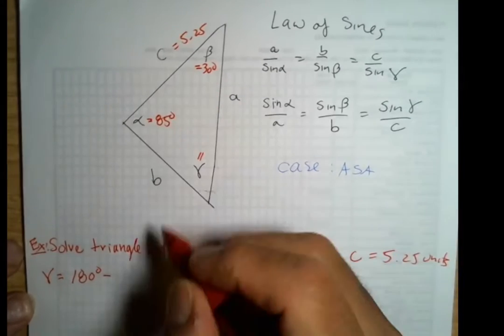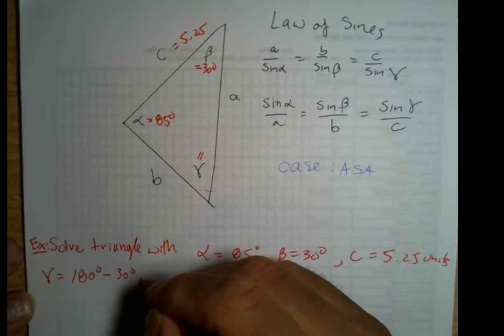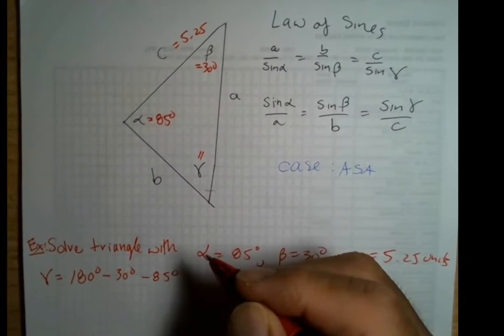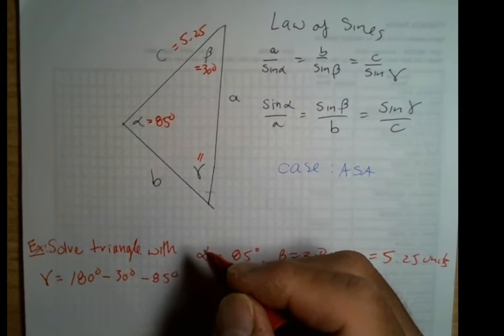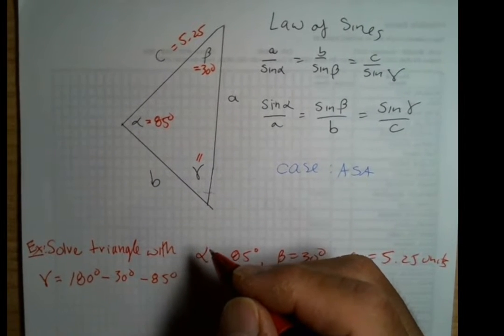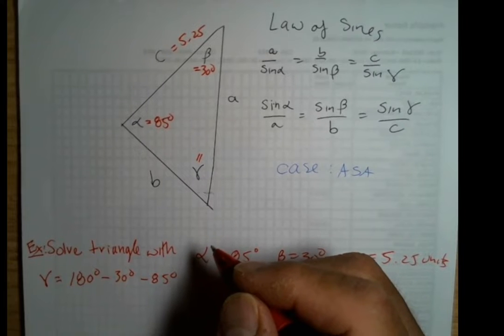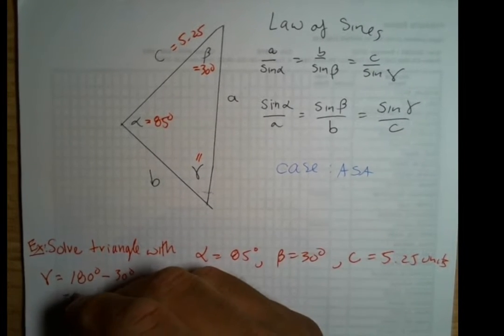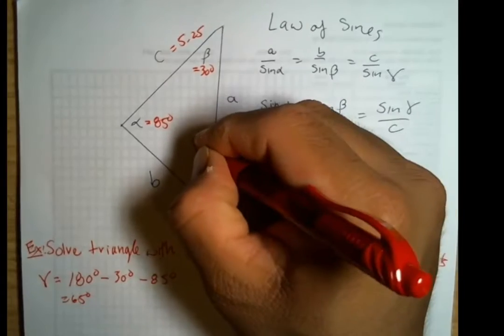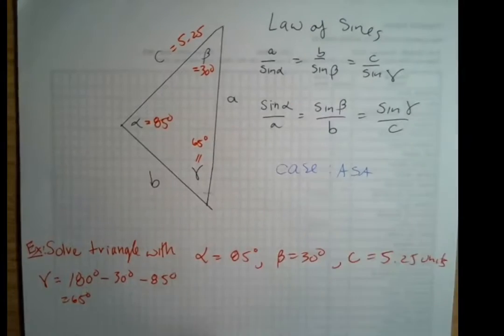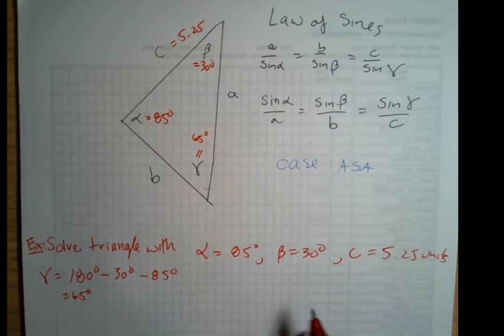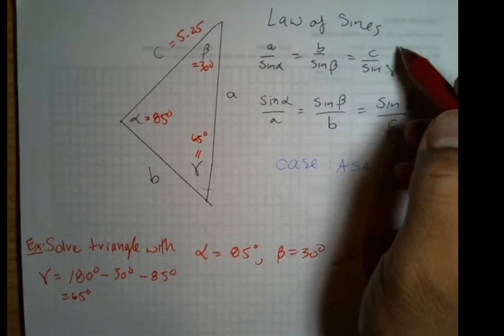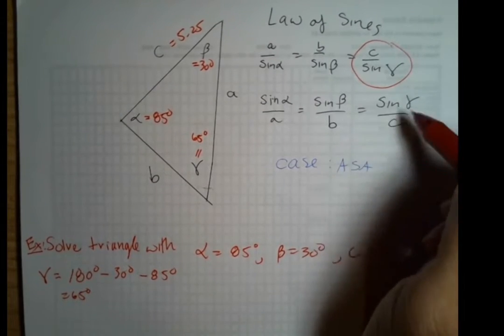If I take away the 30 degrees for angle beta and the 85 degrees for angle alpha, then we have 180 minus 30 minus 85, we get 65 degrees.